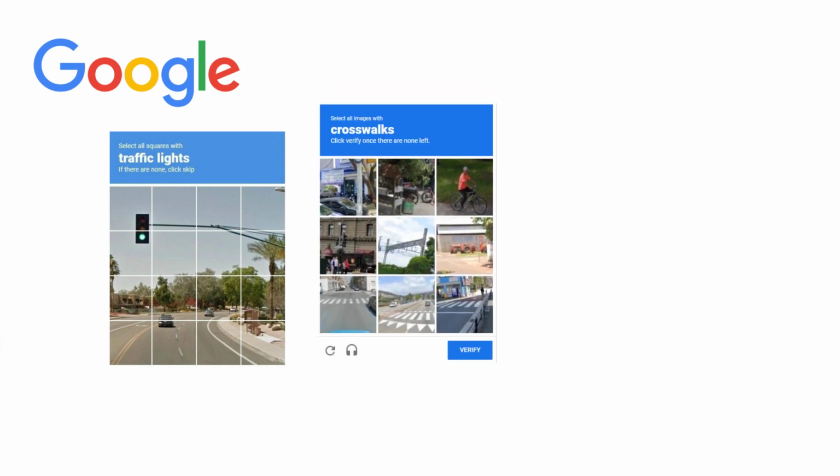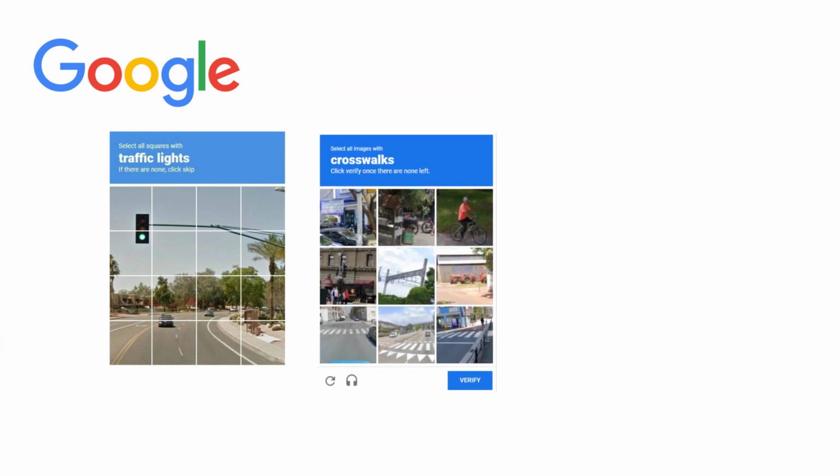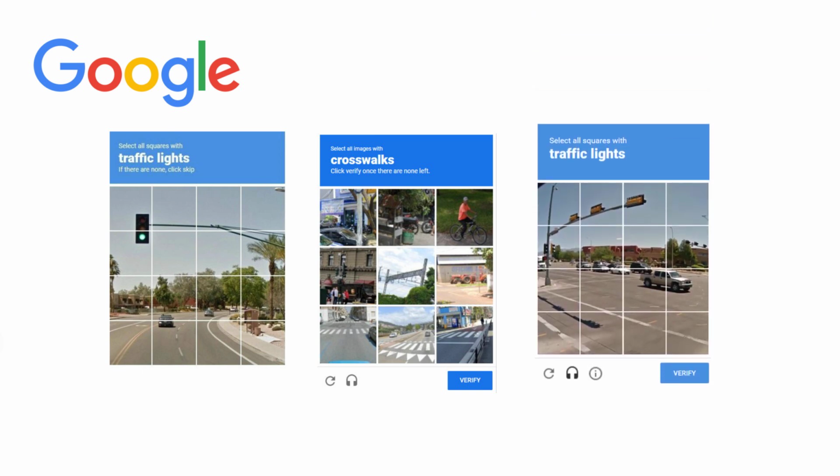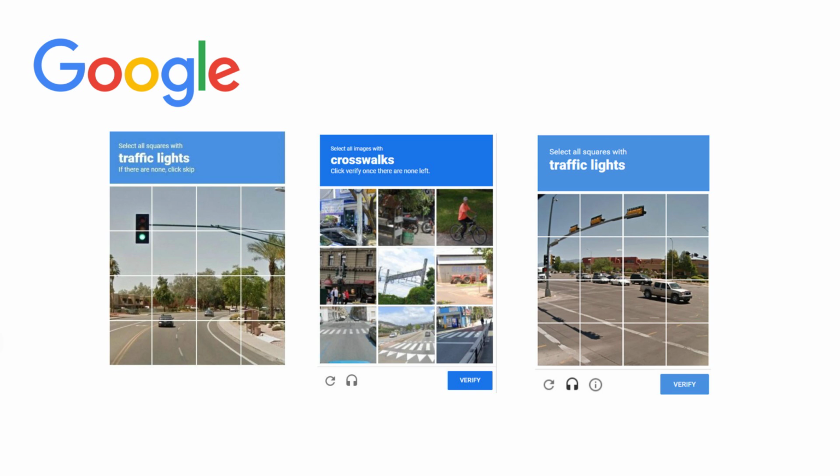Remember when reCAPTCHA asks you to identify all the traffic signs or crosswalks in a photo? That's one way companies get labeled data to train their systems. By the way, reCAPTCHA not only serves as protection against bots, but also helps Google train its models and improve technologies like machine vision and natural language processing.